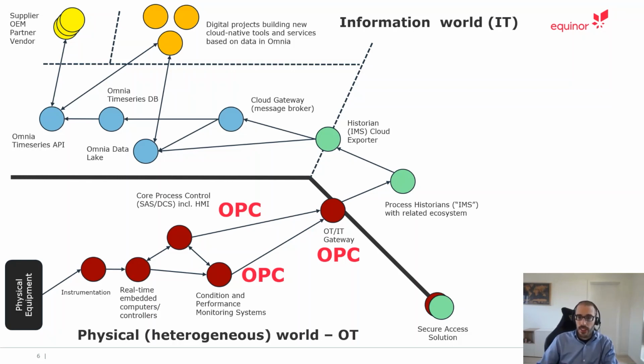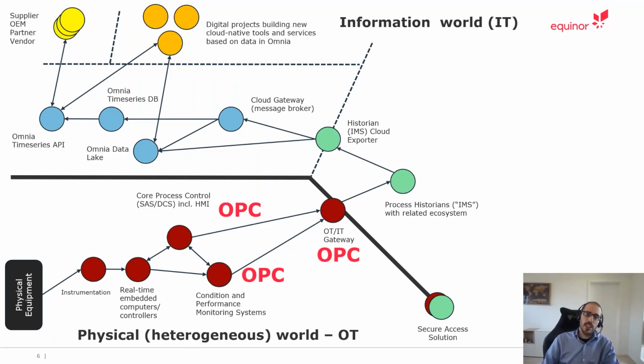Then this data is tunneled through an OT-IT gateway, which is then sent out to process historians, which are IMSs, and this is then sent out to a historian cloud exporter, goes through a broker, and then it's stored in an Omnia data lake. And then we also have the data available on a time series database.